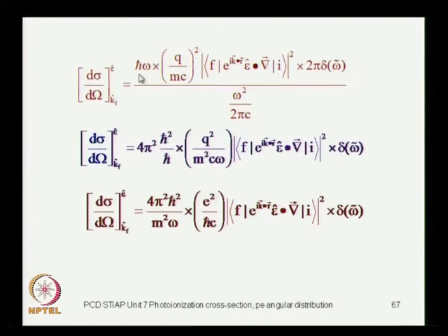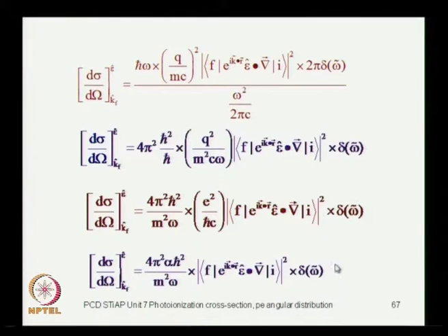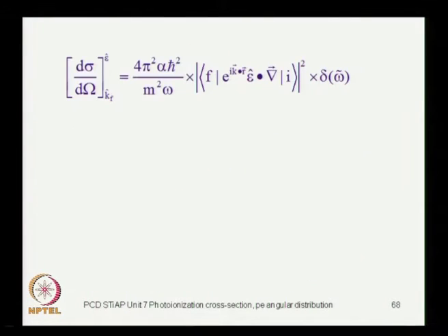You have only one power of h cross in the first expression, but this allows us to extract the fine structure constant, which is the common form in which you will find it in literature: the differential cross section per unit solid angle for a given incident direction which is polarized along the unit vector epsilon, for photoelectron ejection in a unique exit channel which is along the wave vector kf, is given by this expression. So, that is what we get for the differential cross section.